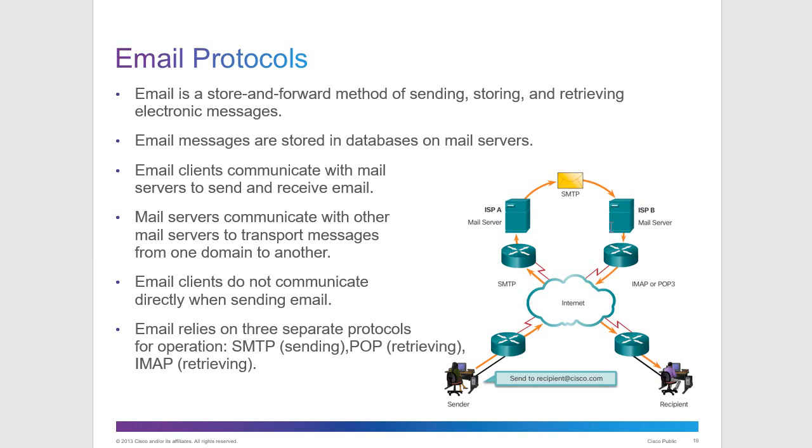Or if he's using IMAP, the message will be kept on the server. He'll basically be browsing it from his computer on the server, rather than it being sent to his computer and erased from the server. So they don't communicate directly.